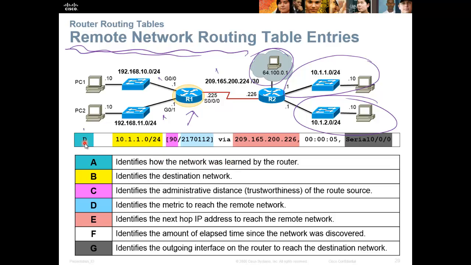D, the letter D here, refers to EIGRP. EIGRP is a routing protocol that you are going to study in the future. Don't worry about it. Anyway, this is the second part. The yellow part identifies the destination network.